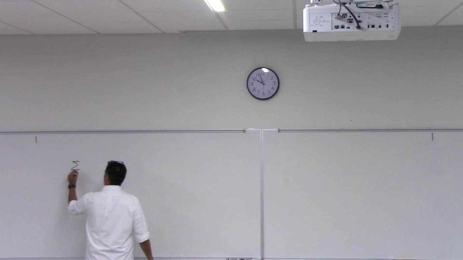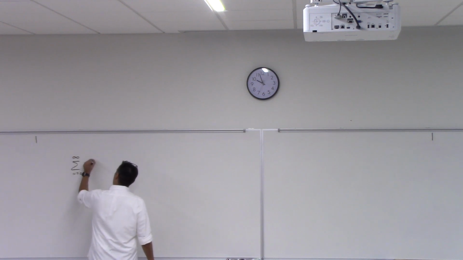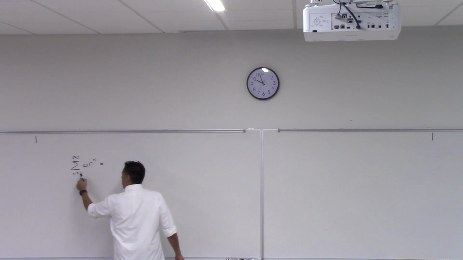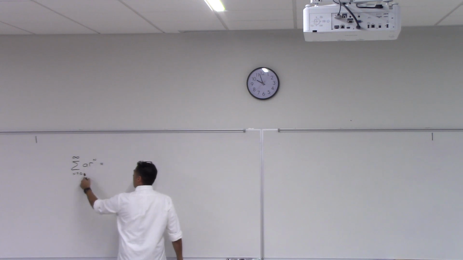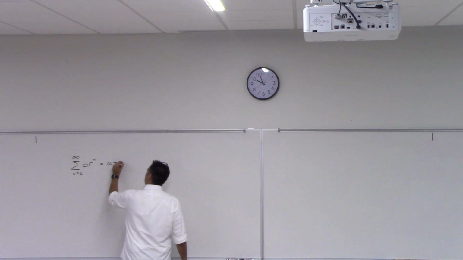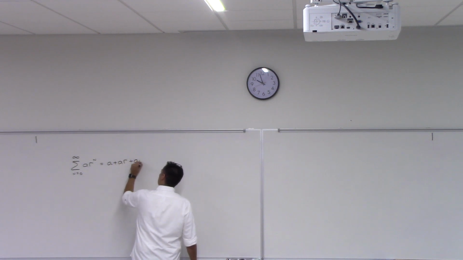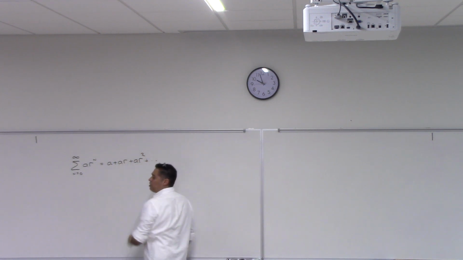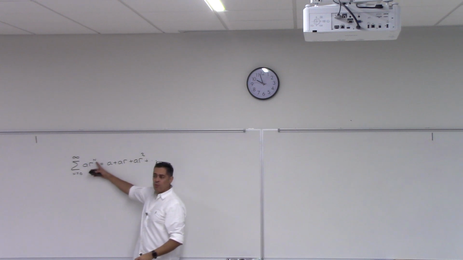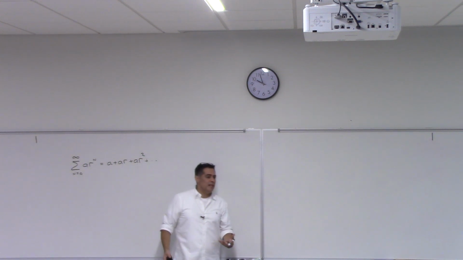So if you see this, if you plug in n equals 0, then 1, then 2, you get the same exact sum. You get the same thing as if you start this with 1 and replace that with n minus 1. It's what we call a changing of the index.